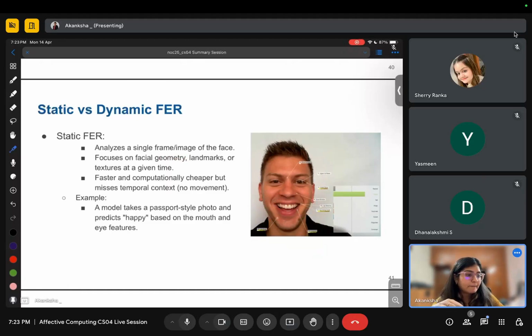And this is faster because there is one frame to analyze, only one frame. Second, it is computationally cheaper, okay, because we only have to process one frame. But the problem is that it misses the temporal context, okay. We don't know what was happening before or after this particular snapshot when it was taken, okay.